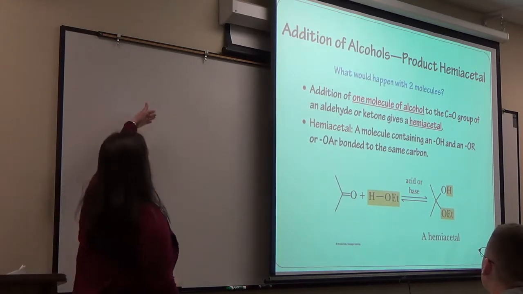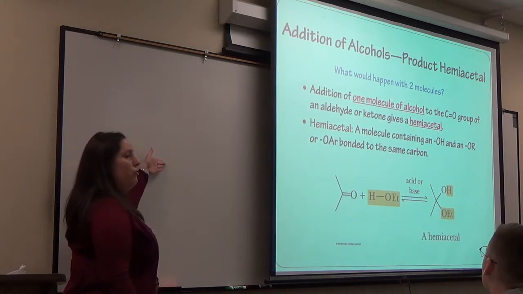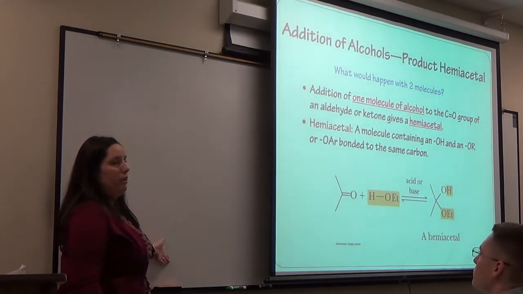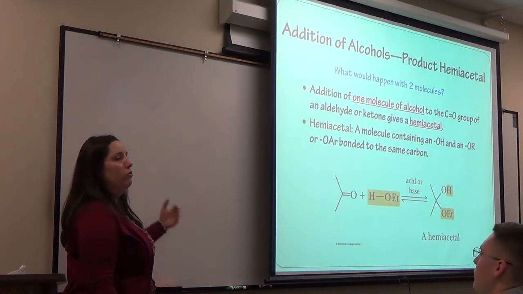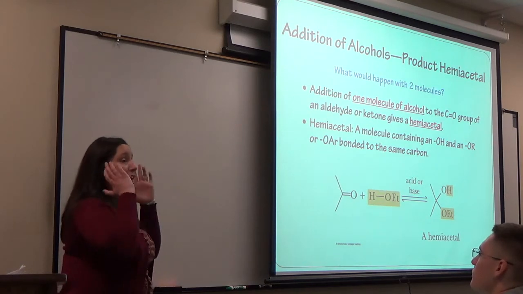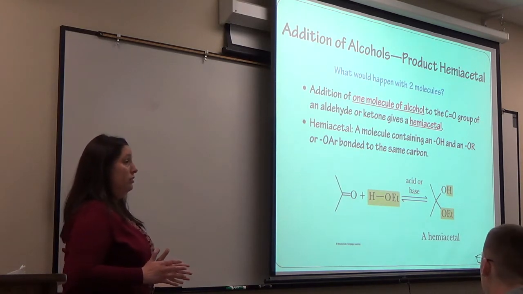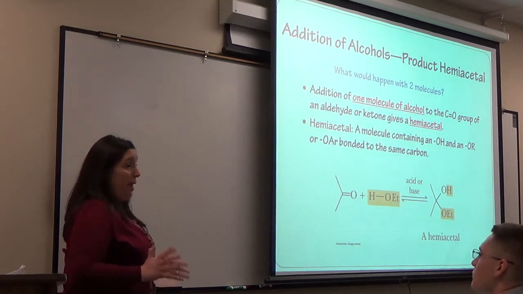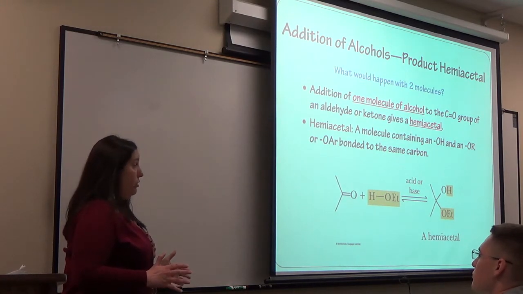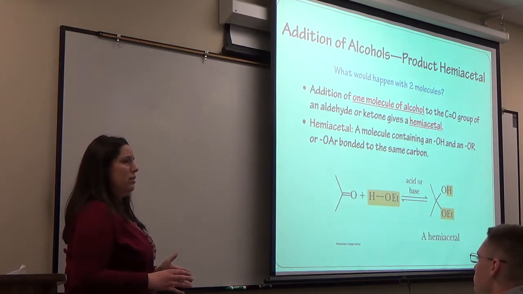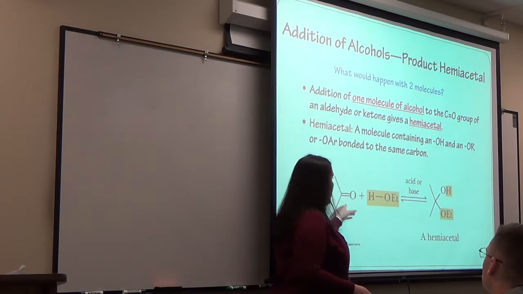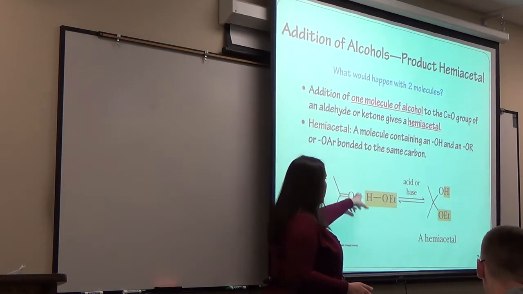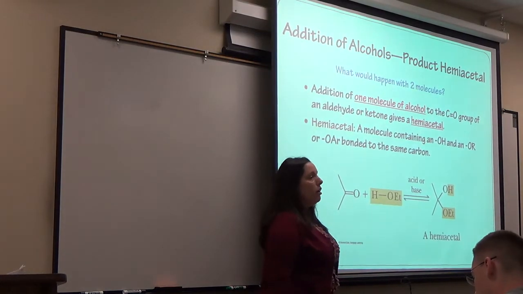So if I drew all the products we've talked about so far, what would they all have in common? The alcohol. They all form the alcohol. So that, again, is a pattern. Follow the pattern. Does that make sense? What's changing now is, what's the nucleophile? What am I attacking so that you form the alcohol?